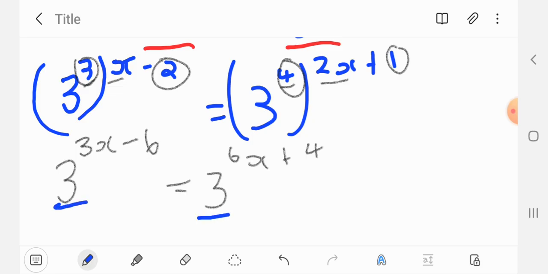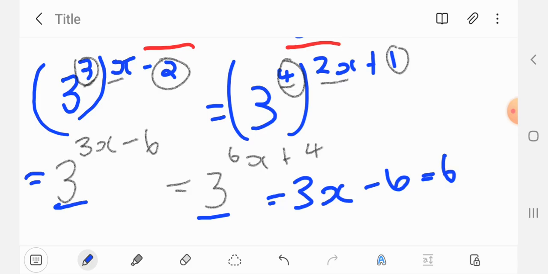Now we rule them out and focus on the exponents. So we'll have 3x minus 6 equals 6x plus 4.